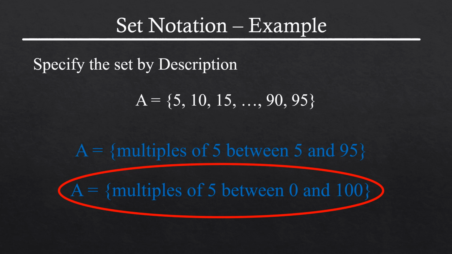Hopefully that makes sense, that you've got to have some wiggle room on the outside. Because it was by description, I've got to have a little bit of border room on the outside. So I've got to have a 0 over here and 100 over here, and that gives me room for everything in between. All right, let's take a look at the next one.